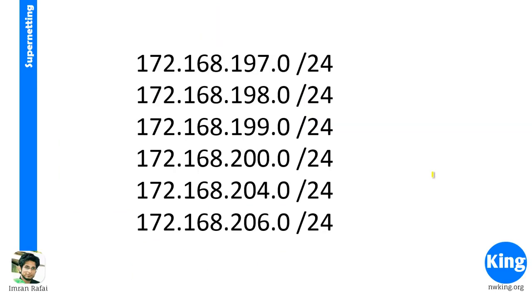Right, let's say there were networks like this: 172.168.197.0, 198.0, 199.0, 200.0, 204.0, 206.0, all /24. How do we summarize these 6 network addresses into one? Firstly, we need to check where this changes. So the first 2 octets don't change at all, so we are not bothered about it. The change is happening in the 3rd octet.